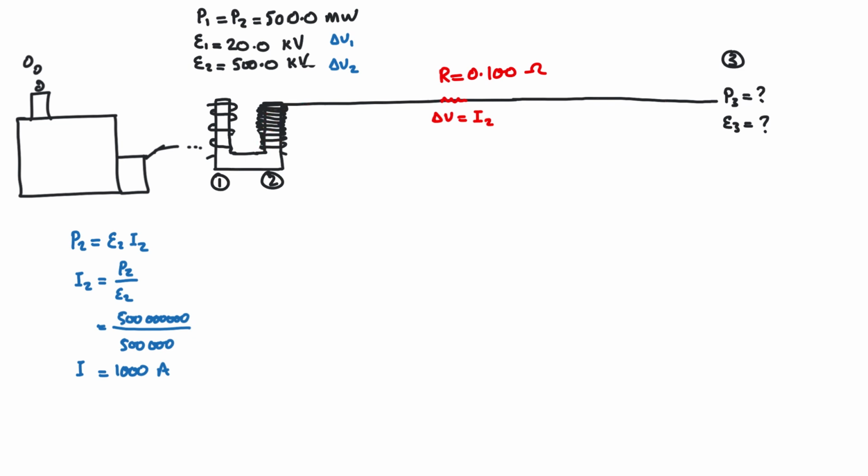So we have I2 multiplied by the resistance, and the potential drop, delta V, is going to equal I2R, that's going to equal 1000 multiplied by the resistance, which is 0.1, and that's going to equal 100 volts. So that's the amount that we're dropping now.